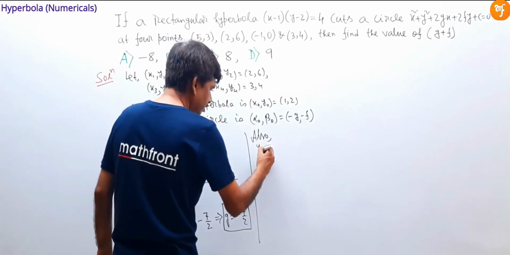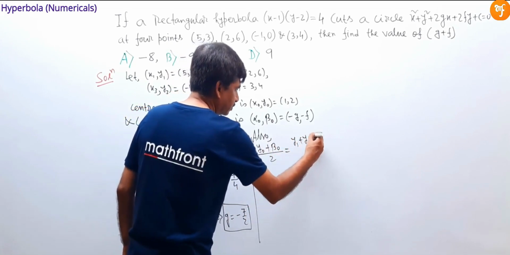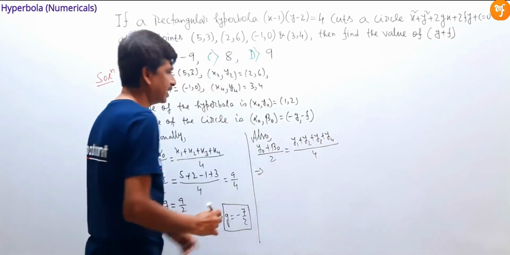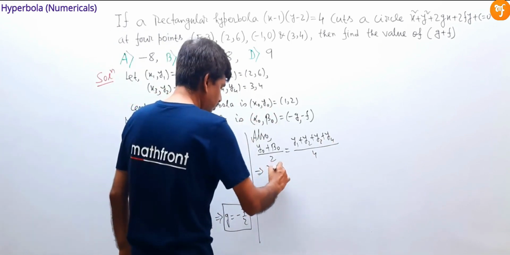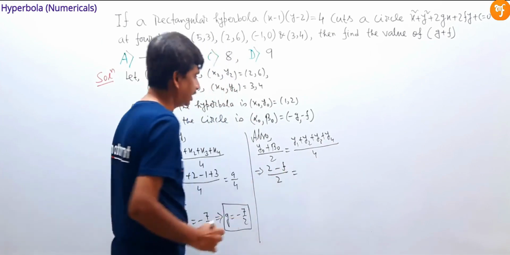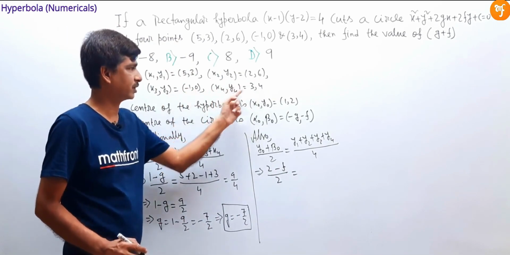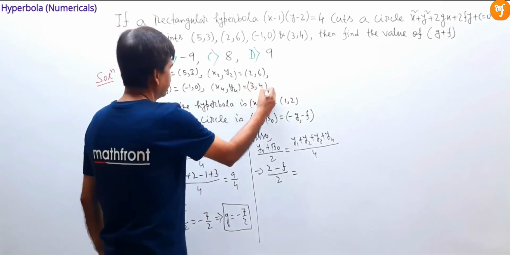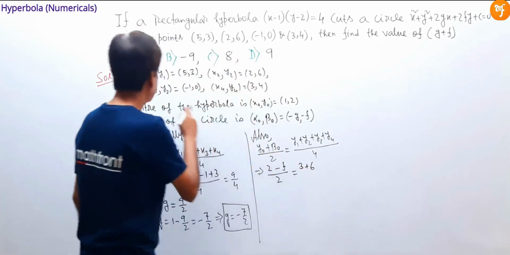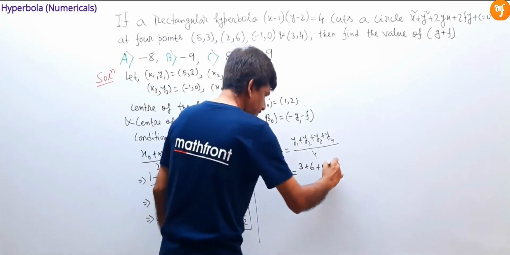So (y0 plus beta naught) divided by 2 is equal to (y1 plus y2 plus y3 plus y4) divided by 4. So what is the value of y0? It is 2, and beta naught is minus f. So (2 minus f) divided by 2 is equal to (3 plus 6 plus 0 plus 4) divided by 4, with y1 as 3, y2 as 6, y3 as 0 and y4 as 4.